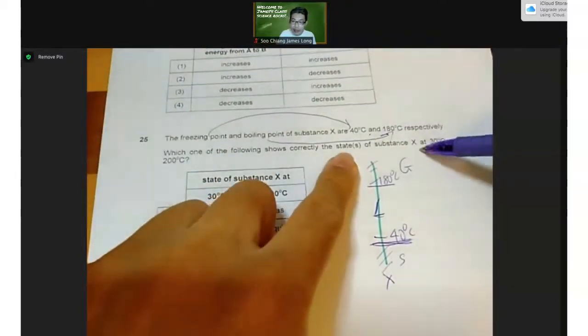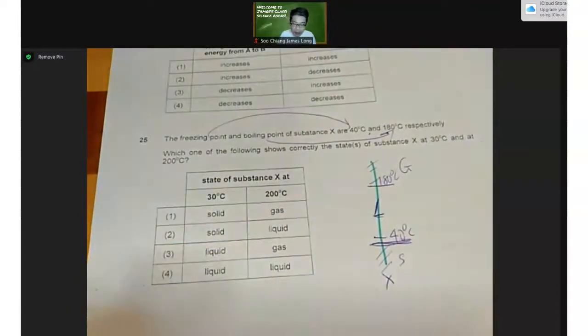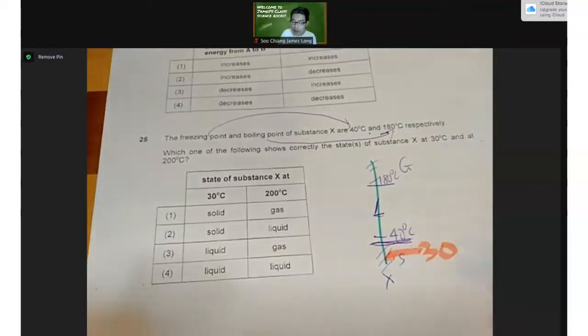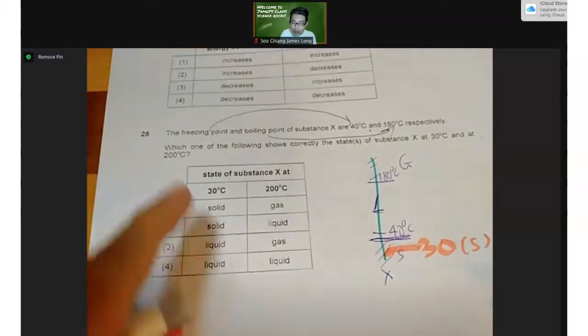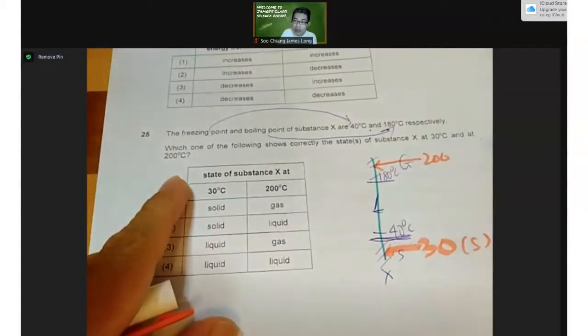Now, which of the following shows the state of substance X at 30 degrees Celsius and 200? At 30, it is below 40, right? 30 will be here. So this will be solid at 30 degrees Celsius. At 200, that is above 180, and this is the gas.